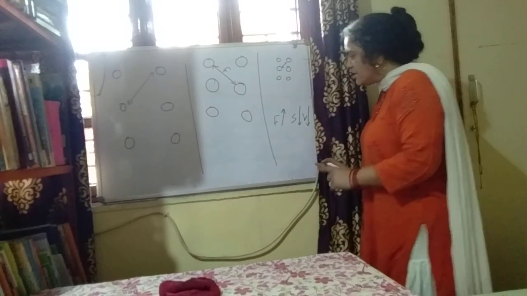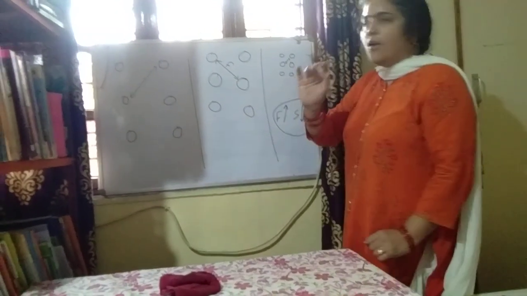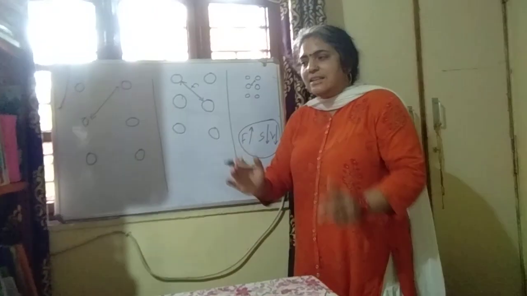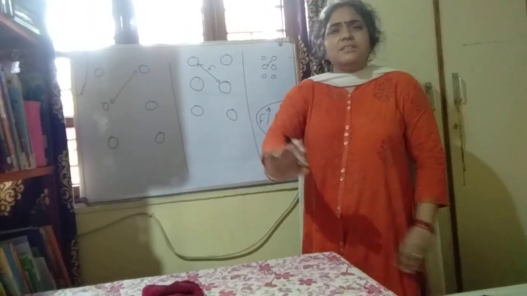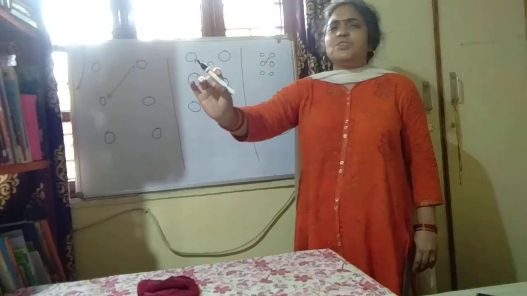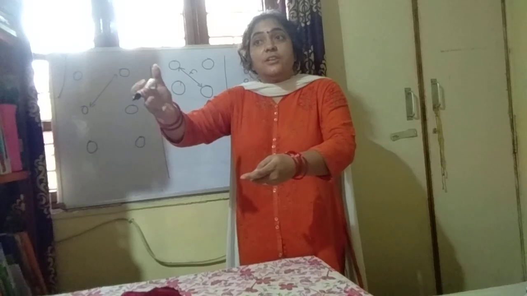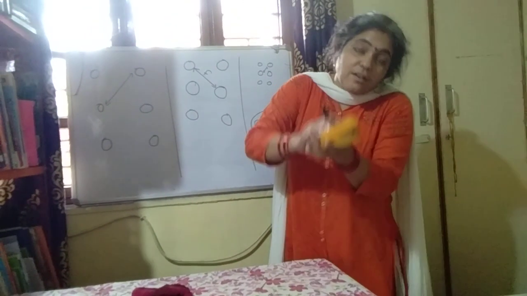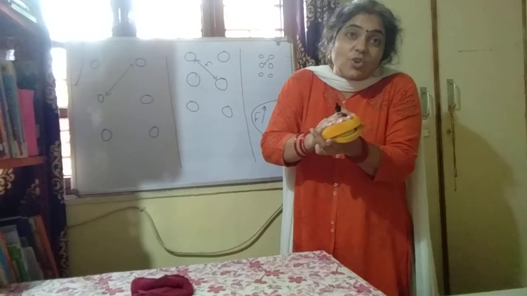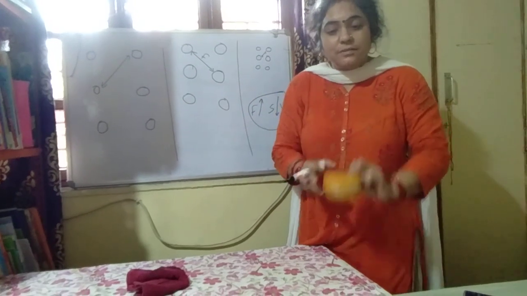If you understand all these three parameters of states of matter, then you will certainly be able to answer any type of reasoning question related to this. Why is this solid? Why is this sponge compressed, even though it is solid? This is a sponge. It can be pressed, but it is solid.